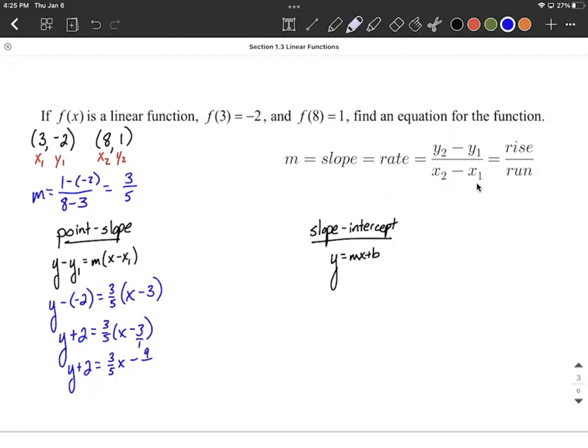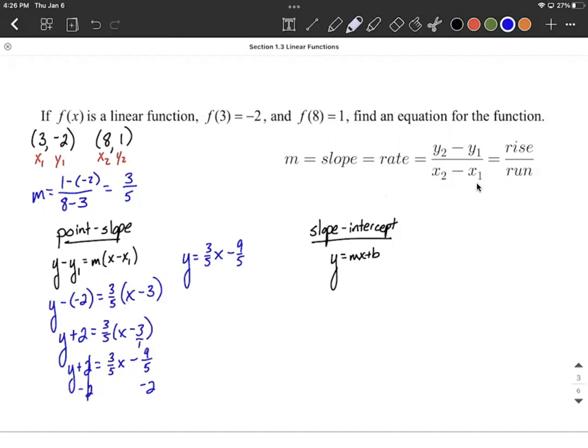And denominators, 5 times 1 makes 5. To finish this up, I'll go ahead and get y on one side by itself by subtracting 2 from both sides. So the 2's go away on the left-hand side or make 0. So we'll get y equals 3/5 x minus 9/5.